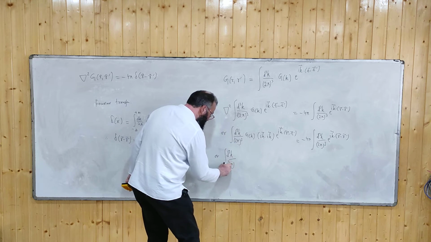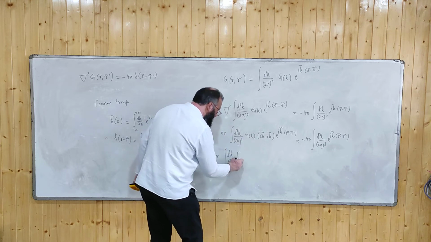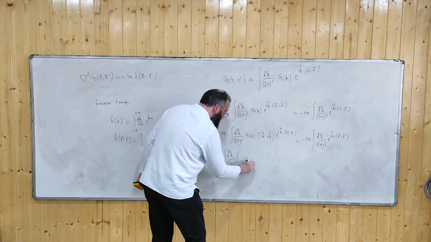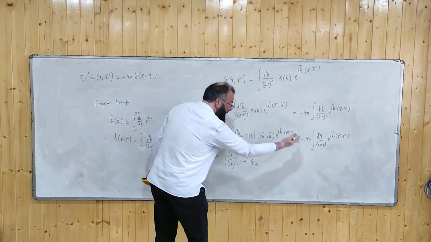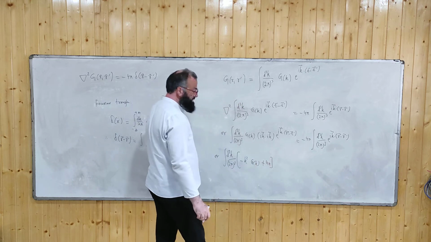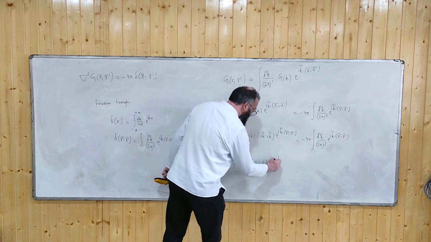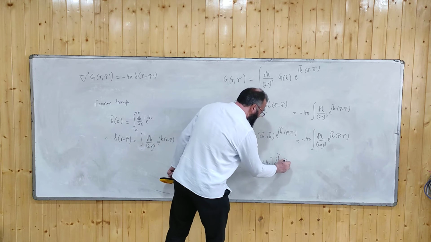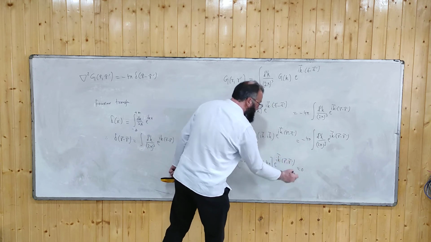I will simply have minus k squared g of k, and you take that here. So you will have 4 pi like this, then e raised to i k dot (r minus r prime) is equal to 0.